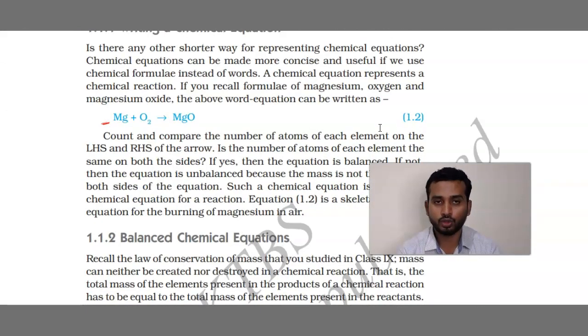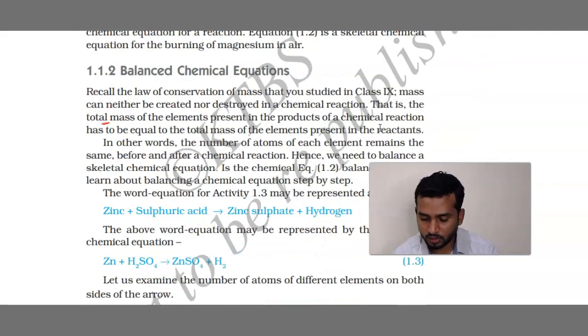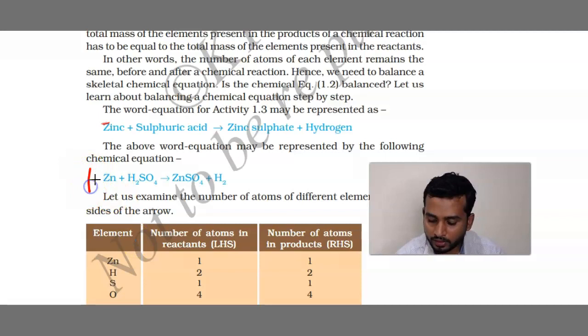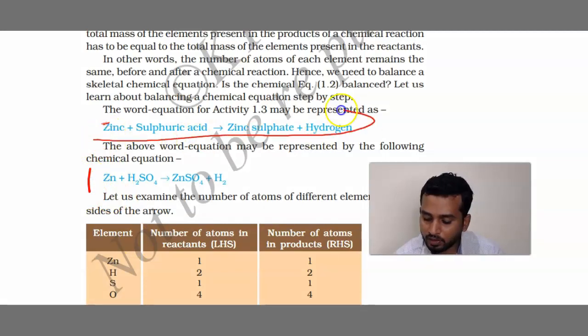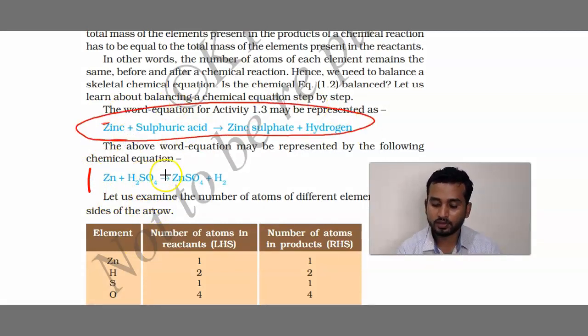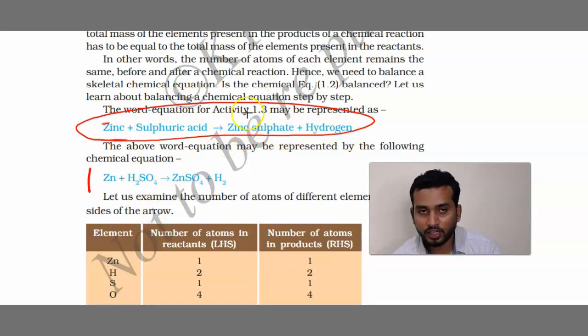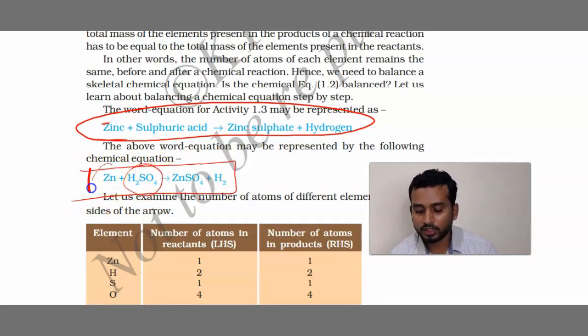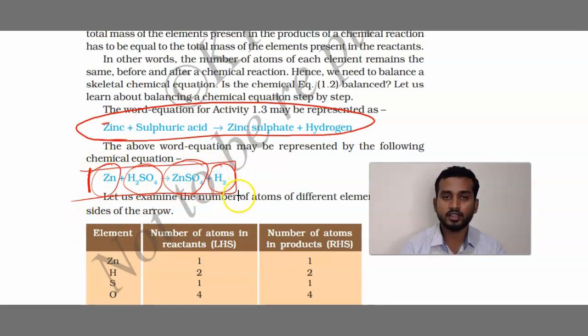They may ask you to balance the chemical reaction. I hope you all know this. So remember this reaction. When zinc, Zn, reacts with sulfuric acid, what happens? It gives zinc sulfate and hydrogen. You have to balance this chemical reaction. Zinc is Zn and sulfuric acid is H2SO4. When it reacts, ZnSO4 and hydrogen gas is liberated.